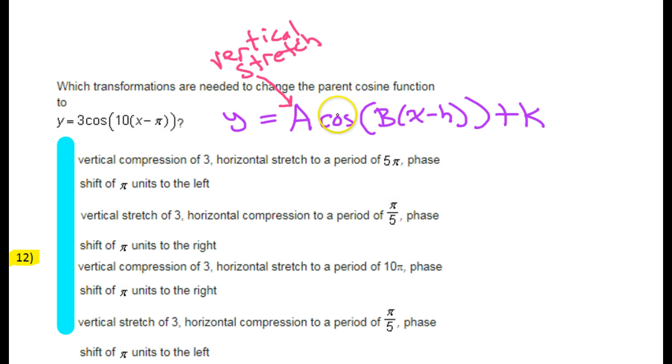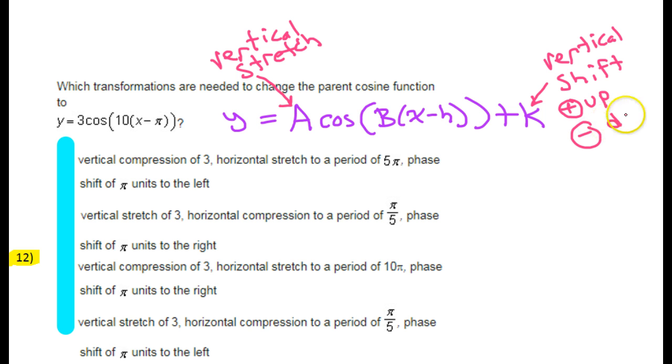This number on the end is going to be a vertical shift. And it works just like you would think. If this number is positive, it's going to be up. And if this number is negative, it's going to be down.